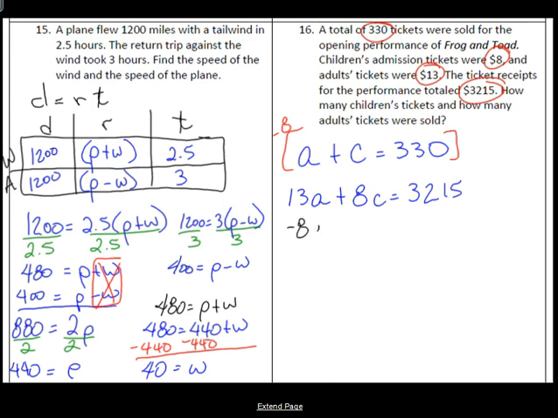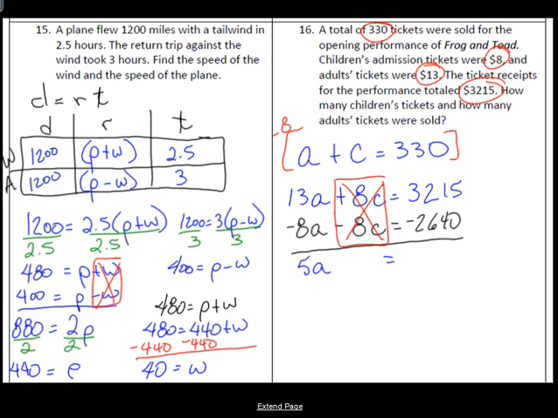Well, I can take and multiply this top equation by negative 8, which then gives me negative 8a minus 8c is equal to negative 2640. I now add straight down, and adding straight down, I find out that these two have been eliminated. So I now have 5a is equal to 575.